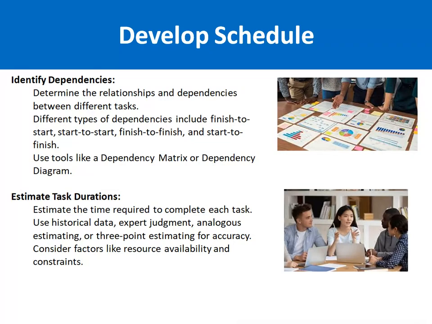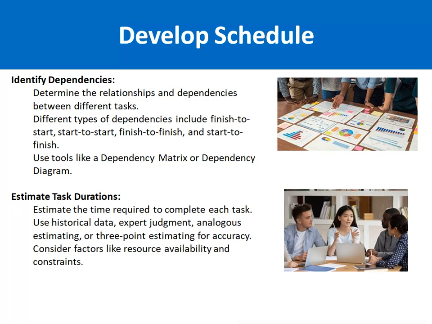After that, once the tasks and activities have been identified, we identify the dependencies among different tasks. For example, once the planning phase finishes, then the development will start. When the development finishes, then the testing will start. There are different types of dependencies: finish to start, start to start, finish to finish, and start to finish.